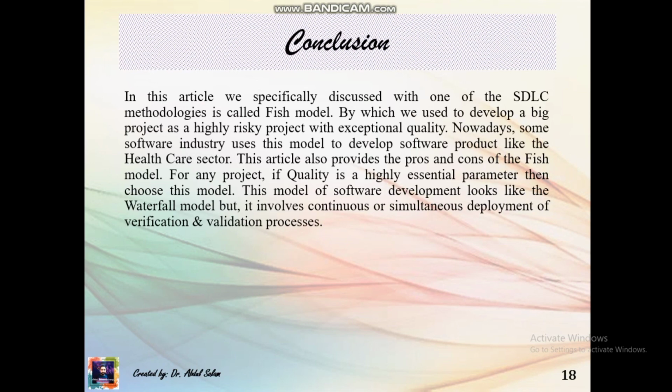For any project, if quality is a highly essential parameter, then choose this model. That will be the best choice. This model of software development looks like the waterfall model, but it involves continuous and simultaneous development of the verification and validation processes.